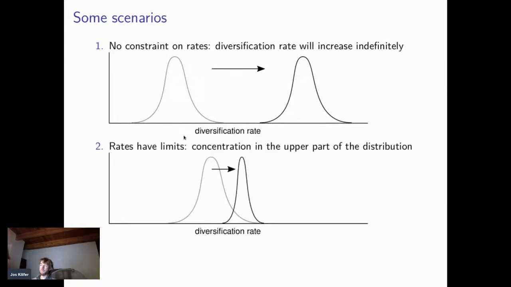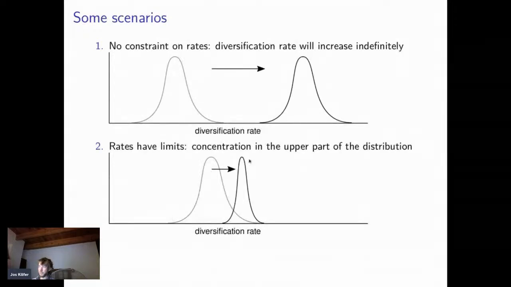If there are some constraints on the diversification rates, then you would expect that lineage selection would get rid of all the lineages that are in the lower part of the distribution.